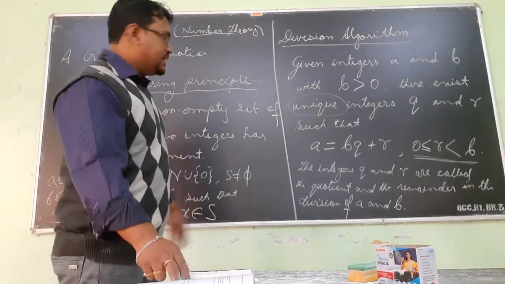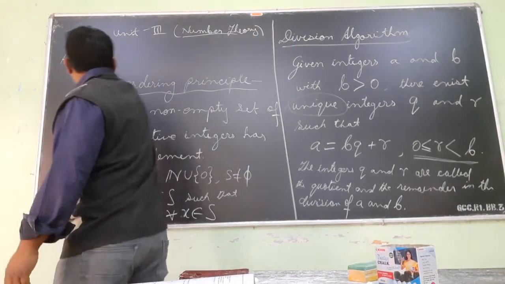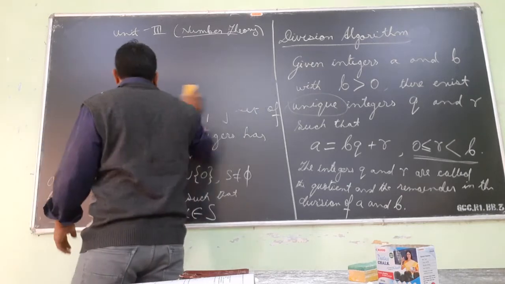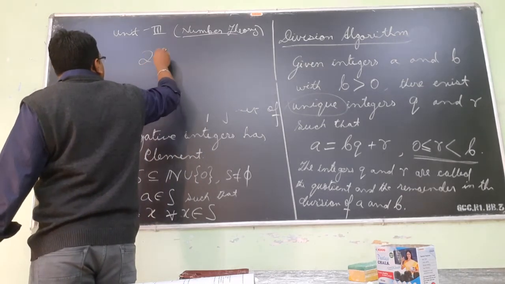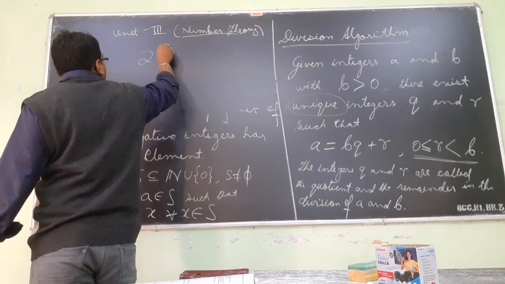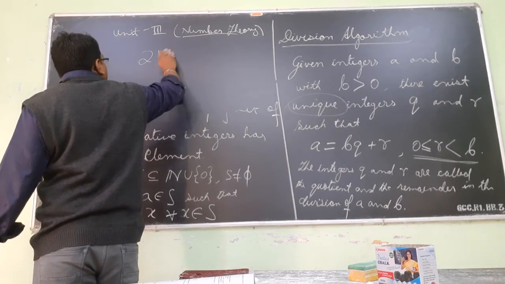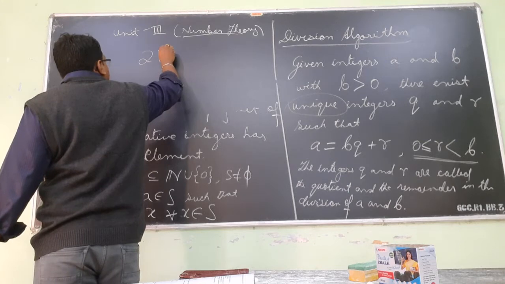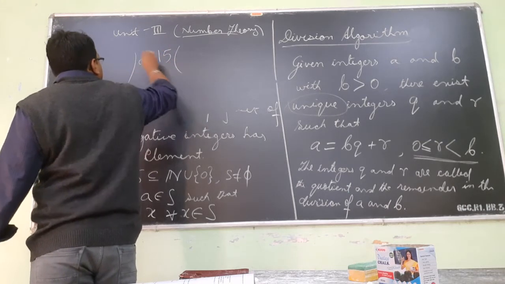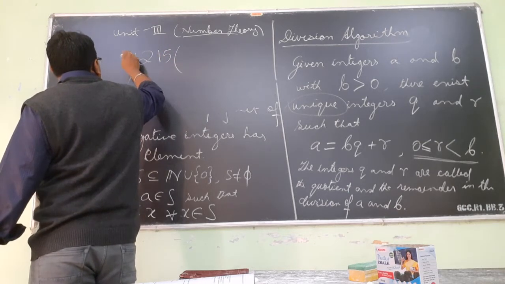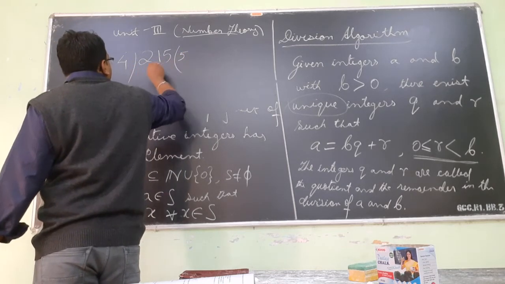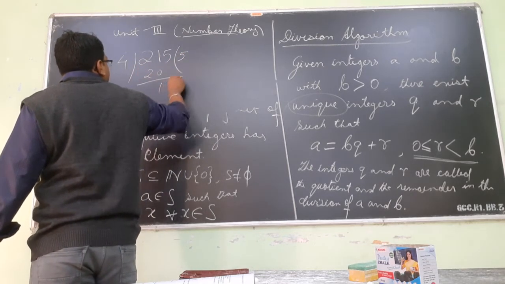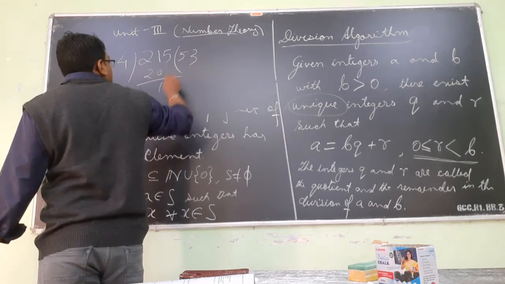In your school days also you have done this. If you remember, you were taught division. Say 215, divide this by say 4. So how do you do it? 4 5 is 20, 1, 5, 12.